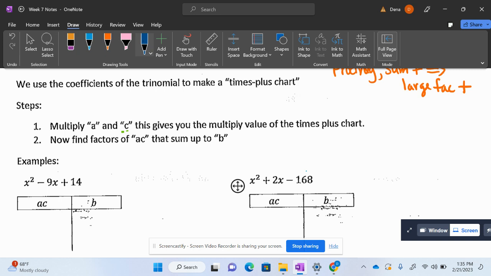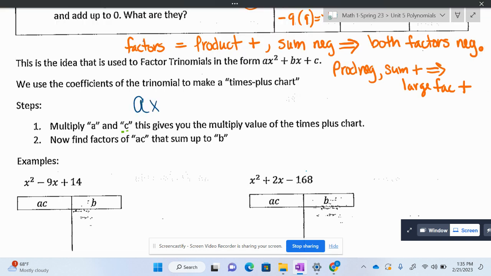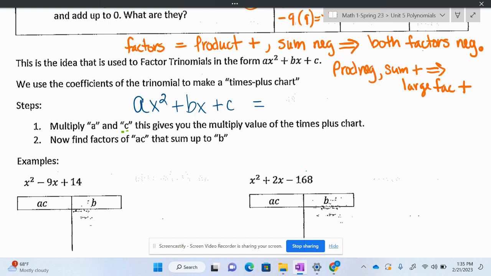So we are working with trinomials. You guys worked with these last week and the week before. But how you worked with them is you started with a binomial times another binomial, right? And you foiled, do you guys remember that?